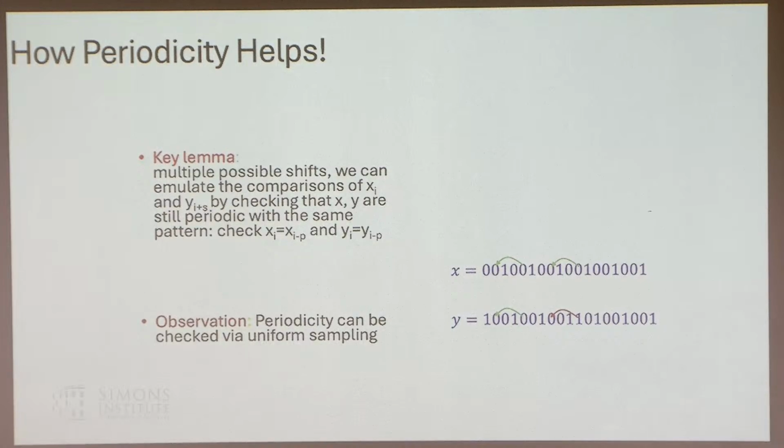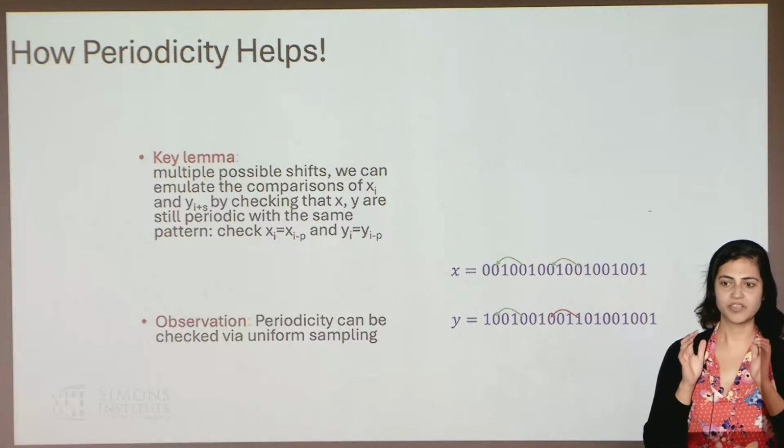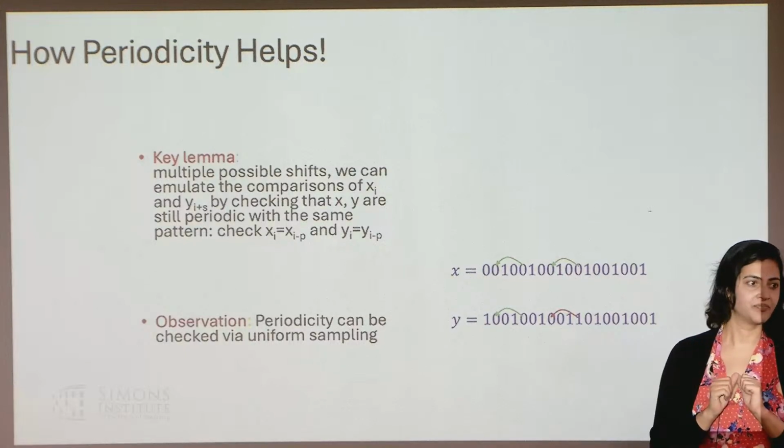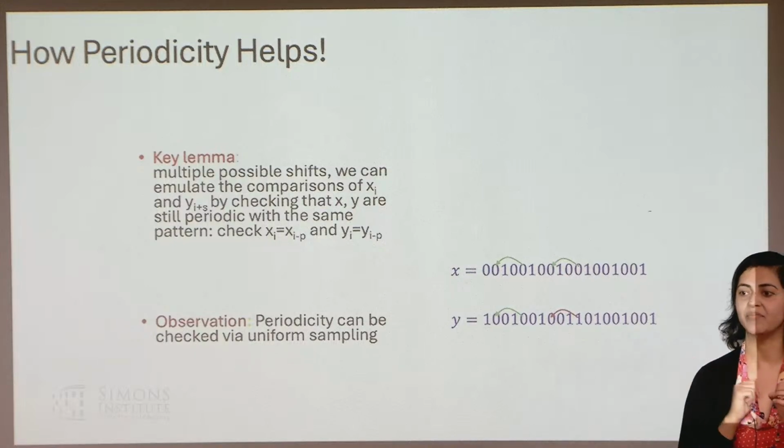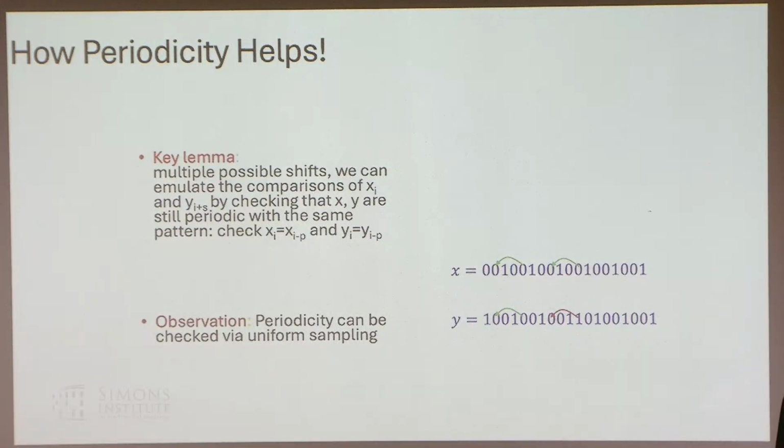And in order to find that periodic pattern, every time you have to spend some local sampling. So you have to look locally around k elements, or order k elements, to see what is the periodic pattern I need to check next.